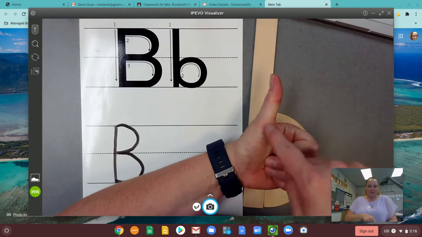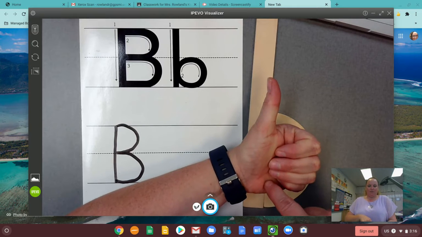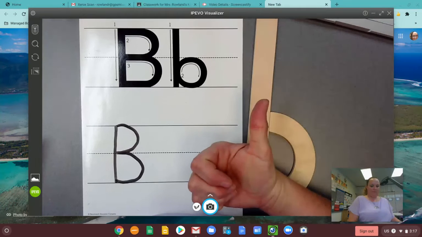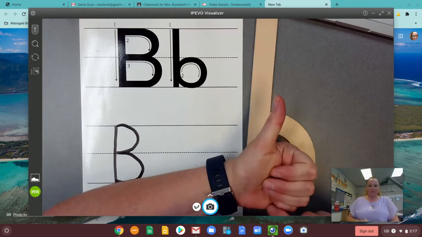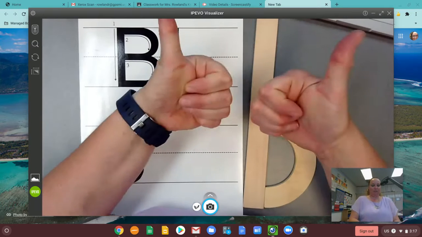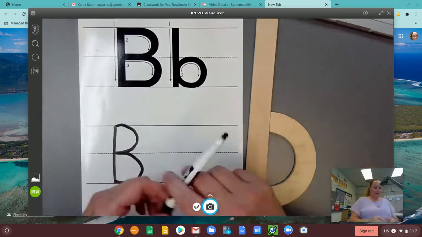I have that big line down, and then I have my little curve. Notice my B didn't go this way. My curve doesn't go that way. It went this way. B, and then you're going to learn about D, B and D. But keep that B in mind.